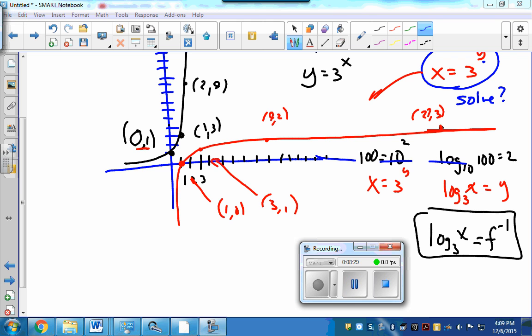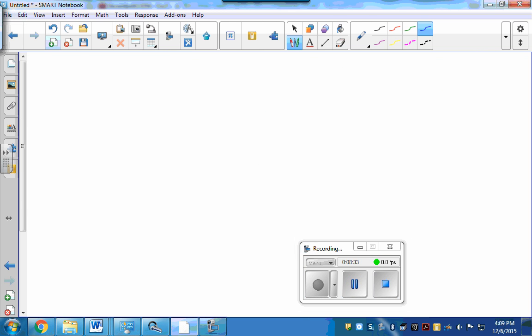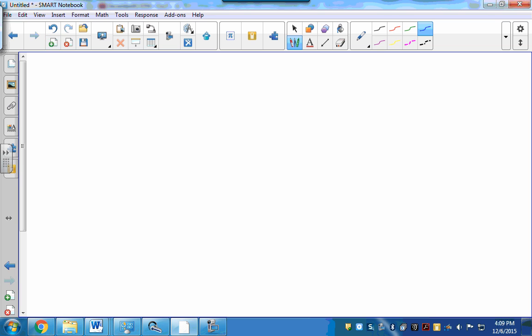Okay, last thing I wanted to talk about briefly was what happens if you had some equations like this. Now this is just a generic log equation. Log base x of x is 1. That looks a little strange, so let's put a number in there.